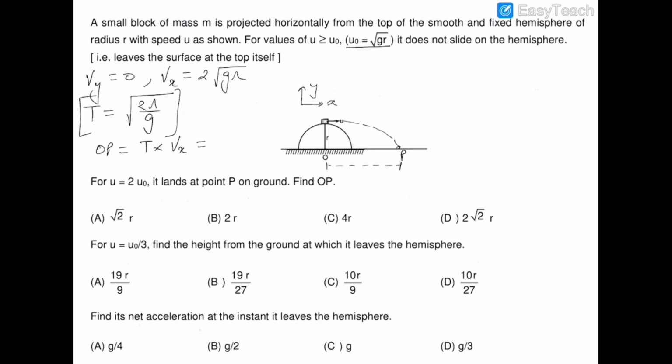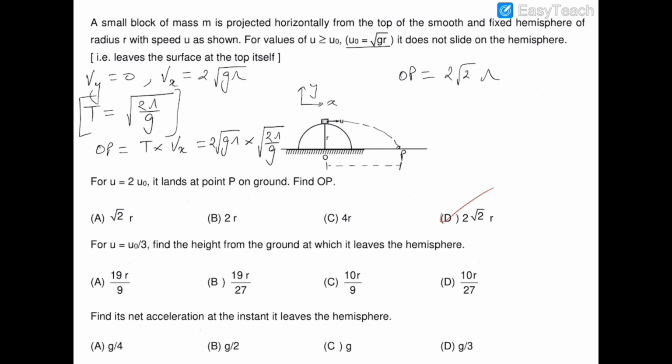So it is 2 root of gr into under root of 2r by g. So this OP will be equal to 2 root 2 into r. So the correct option will be option number D.